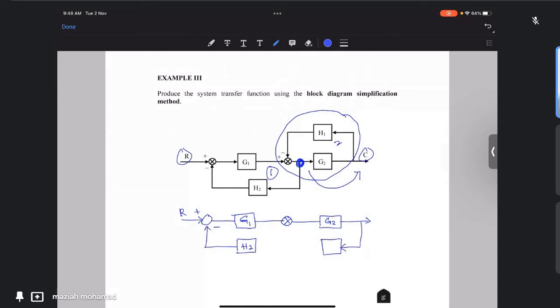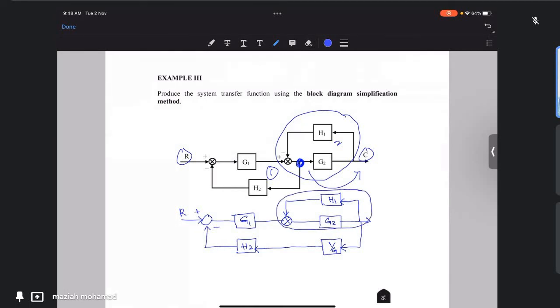The pick-off point moved toward the output gives 1 over G2. And then this one here is still there, H1. So now we can solve the first loop here.